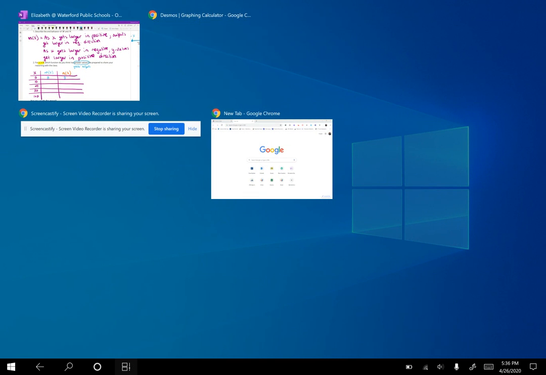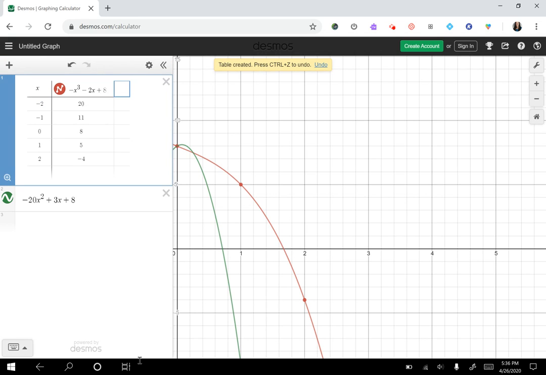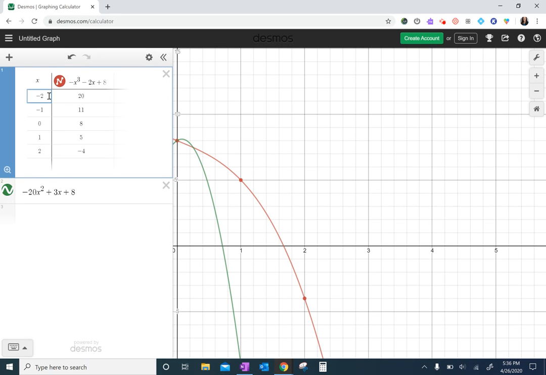Now let's look at 10. So this is how you get inputs for your functions. You want to click that gear icon, click on the table of values. It's going to start generating ones for you, so we need to get in there and fix those. It only generates a certain amount of input values. It's not like your calculator. So I'm going to change this to 0, and it gives me 8.